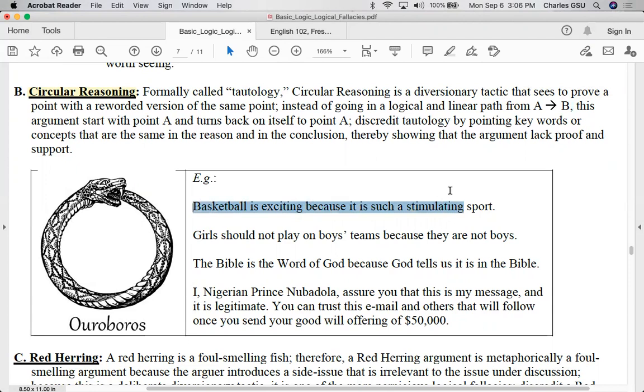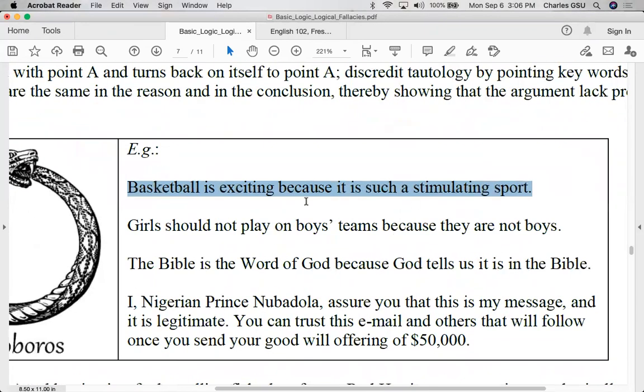Here's an example. Baseball is exciting because it's such a stimulating sport. If you take the words exciting and stimulating and switch them around and say baseball is stimulating because it is such an exciting sport, you're saying the exact same thing with no new information.